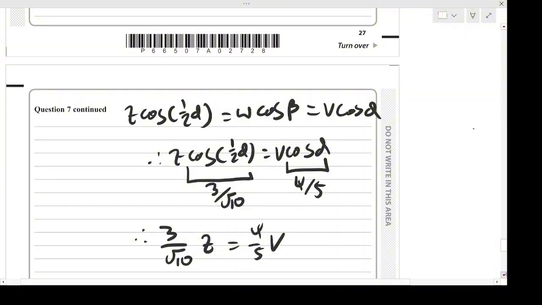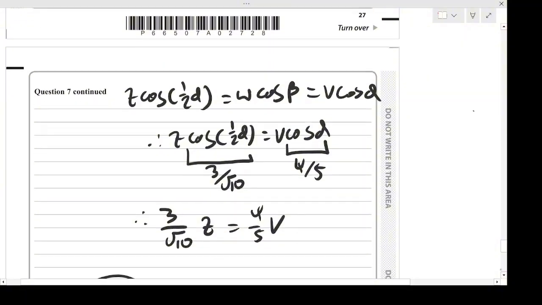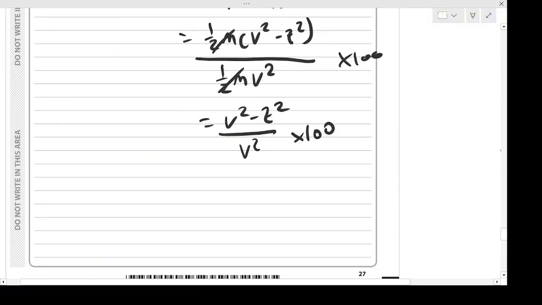And so I can rearrange for z by just dividing by 3 over root 10. So z on its own is going to be 4 root 10 over 15 v. And actually, if you look back at my fraction, I just want to find the square of it, okay?